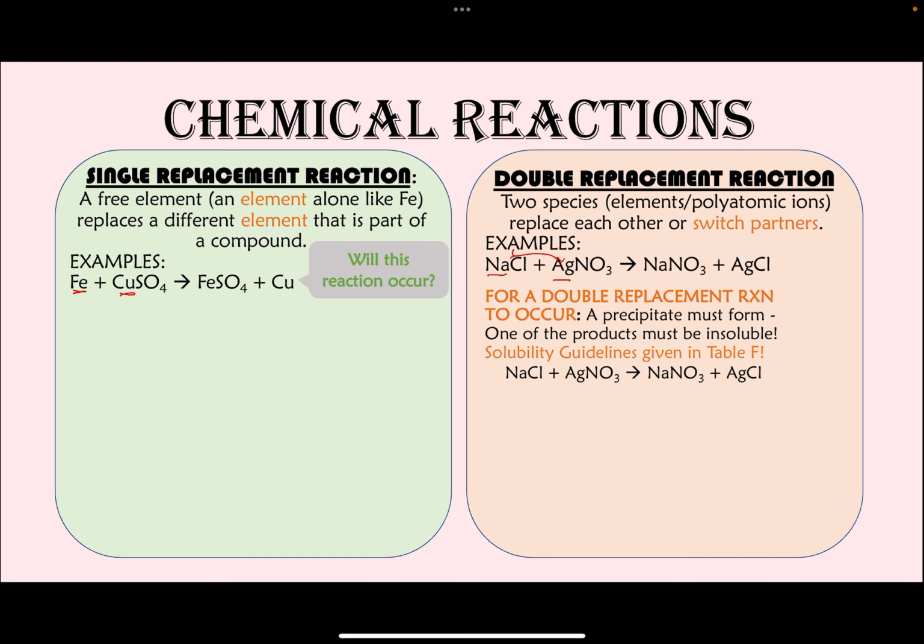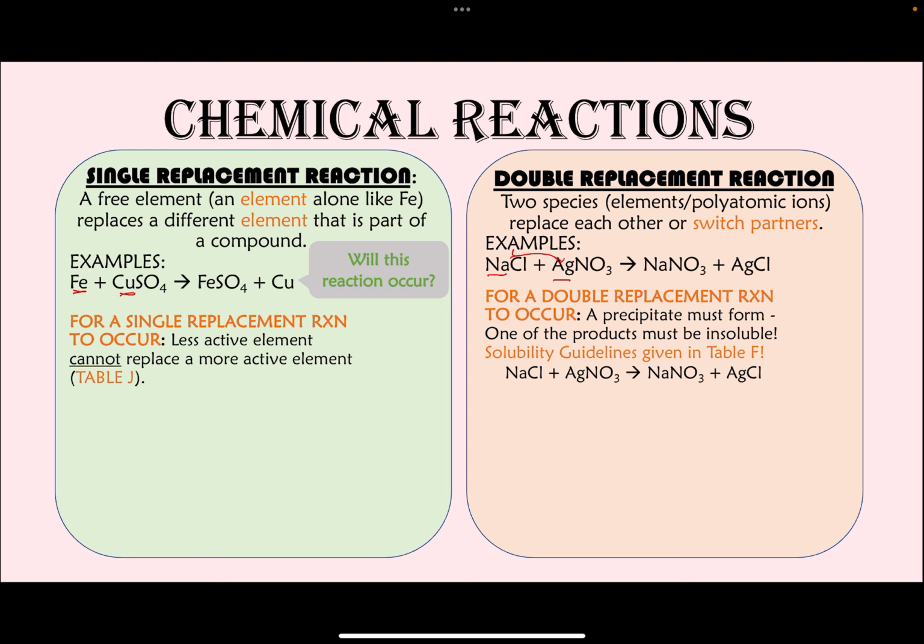If you look back at the single replacement reaction, what must happen for it to occur? What you need to remember is that for any single replacement reaction to occur, we must have a more reactive metal replacing the less reactive metal.